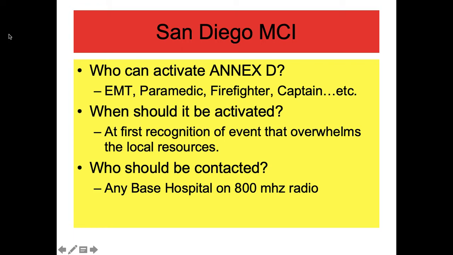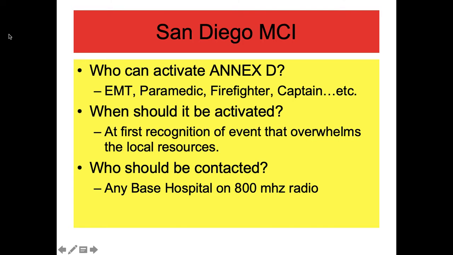There's an annex for wildfires. The MCI annex is called Annex D. The only reason we would consider activating Annex D is that it opens up our resources that are outside the county and even outside the state.